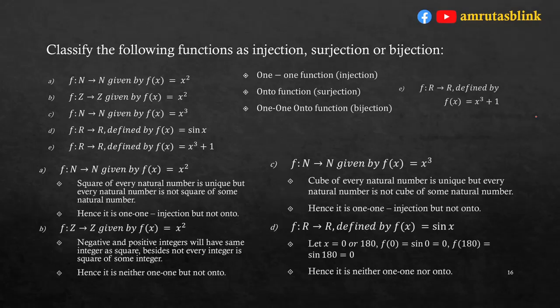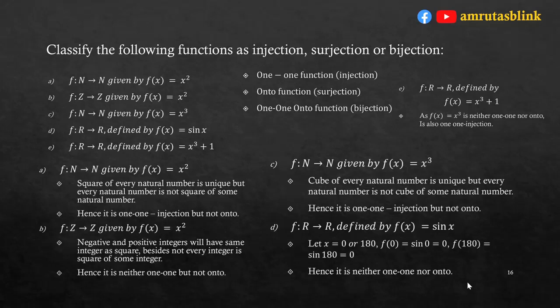And the last case is f of x is equal to x cube plus 1, defined on the set of real numbers. Now, as we have seen, for all real numbers, x square is neither onto nor 1-1.